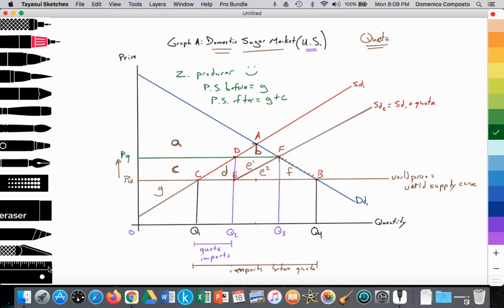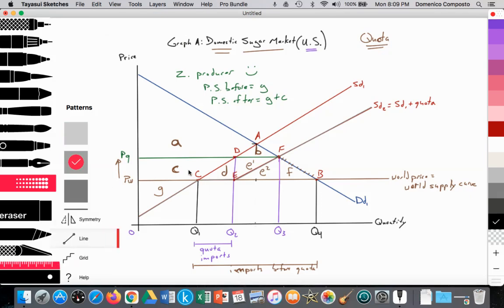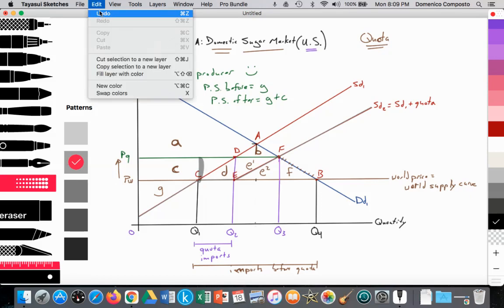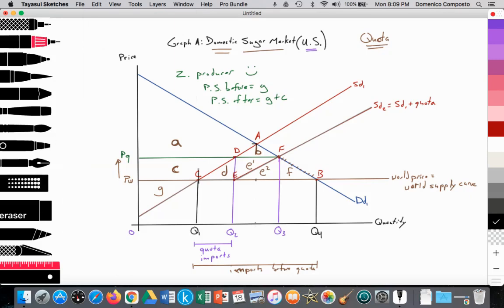We can visualize this as this triangular area, or we can also visualize this. I can go ahead and label an additional area. This area, and I can state this is D1 and D2 potentially.